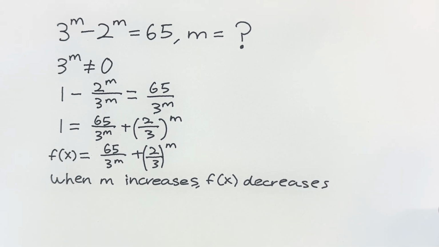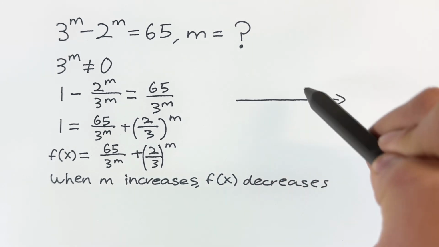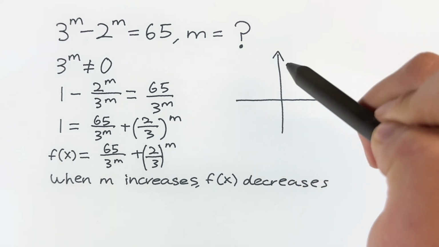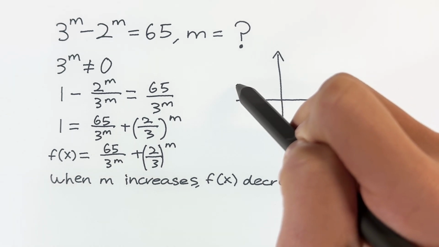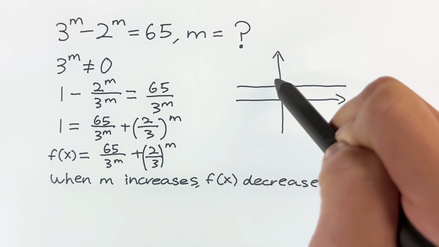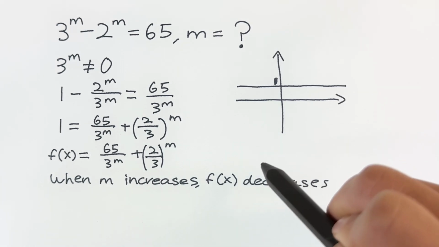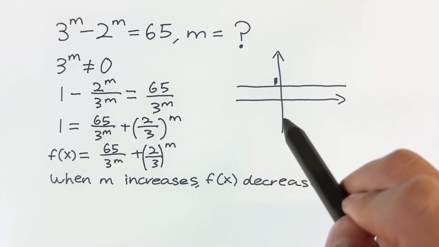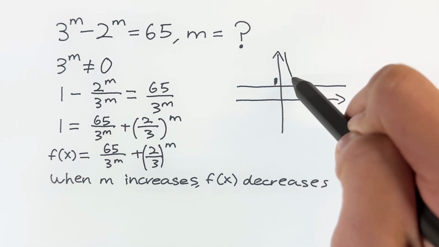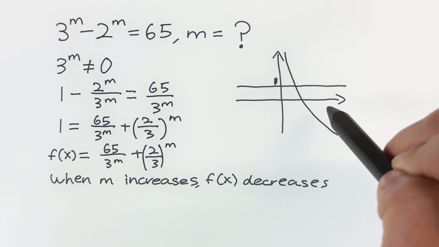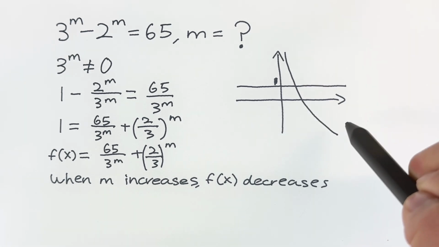We can draw a graph to represent this. First of all, if you just replace f of x with 1, we can call this point 1, then since this exponential function is decreasing, the function will look like this. When x is increasing, y, or f of x, is decreasing.